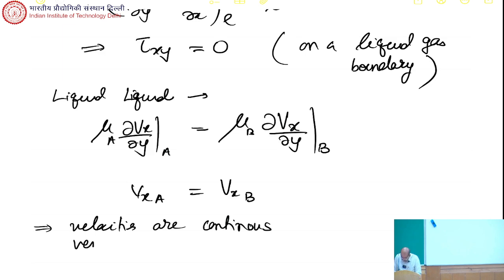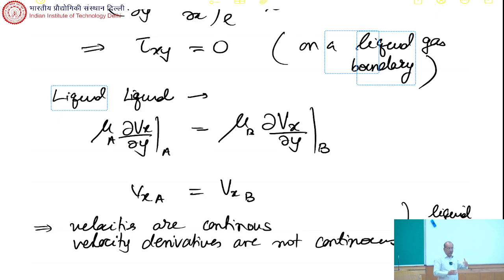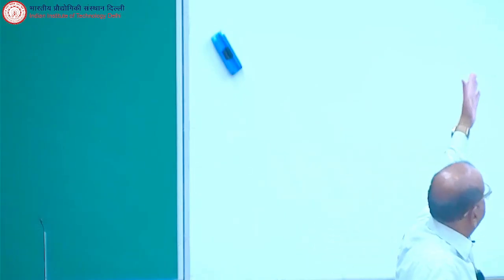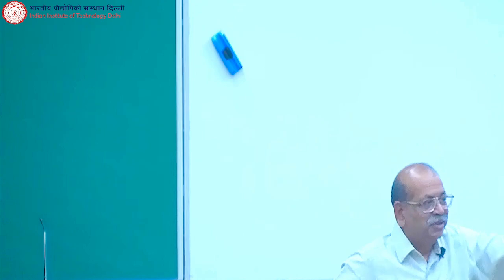But the velocity derivatives on a liquid-liquid boundary: the velocities are the same, and because shear stresses are the same, if the viscosities are not equal, then obviously the derivatives will not be equal.